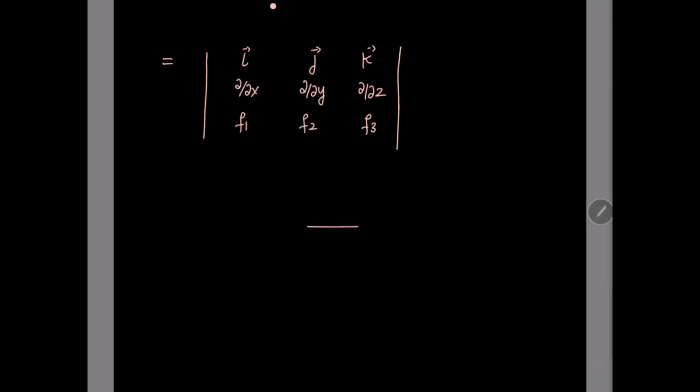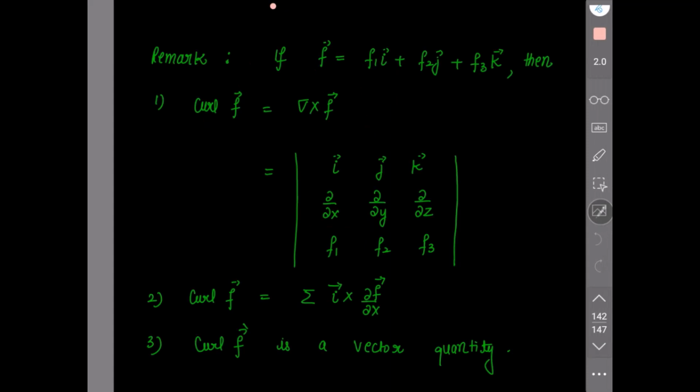So now next, let's continue the remarks. If f is equal to f1 i plus f2 j plus f3 k, then curl f, which is a cross product of del with f, is calculated by taking the determinant whose first row is i, j, k, then ∂/∂x, ∂/∂y, ∂/∂z, f1, f2, f3.